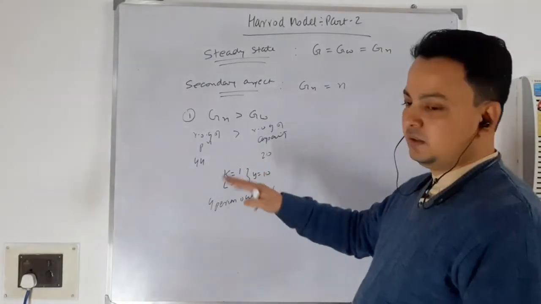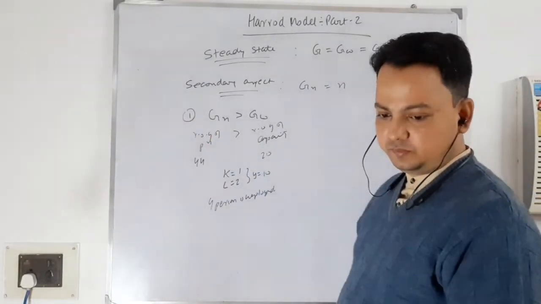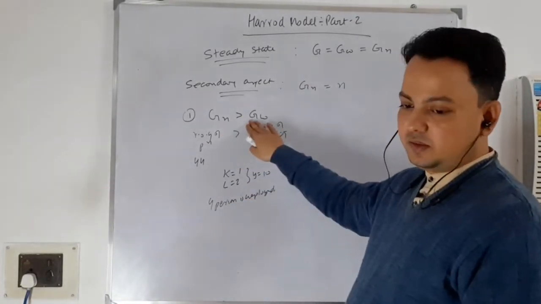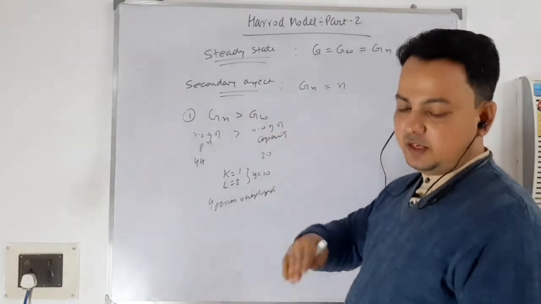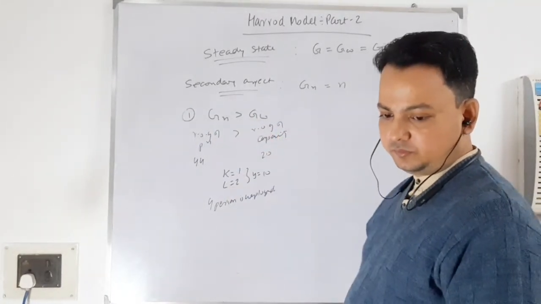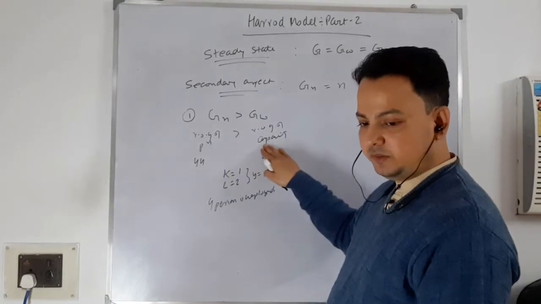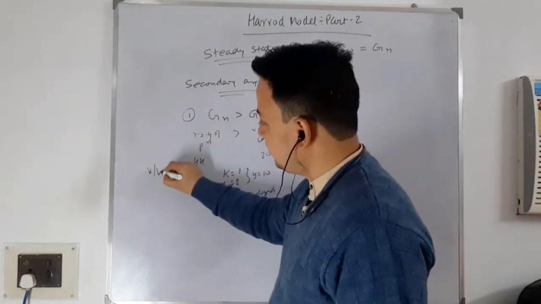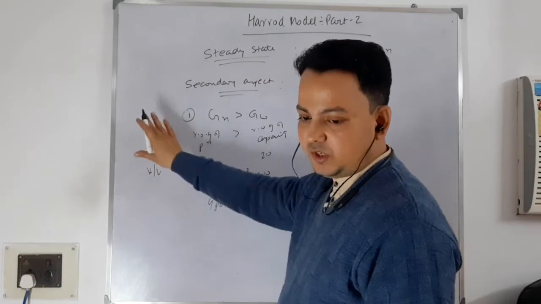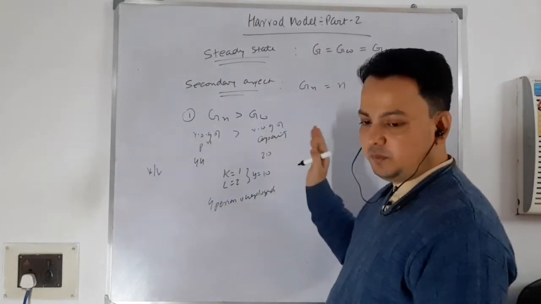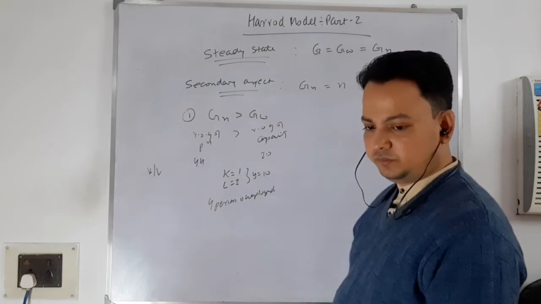That means there will be unemployment in every period when the economy is growing at this scale. In the economy, you will have unemployment, because the rate of growth of population is more than the rate of growth of capacity. The capital-labor ratio is fixed because we have fixed proportion technology. In every period there will be some people who are unemployed.